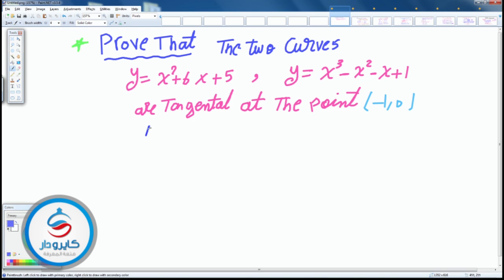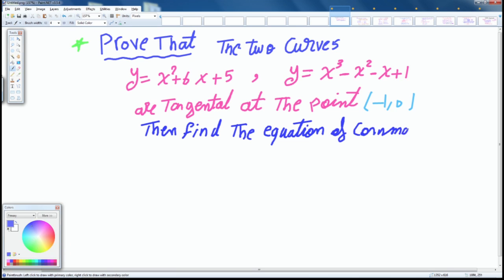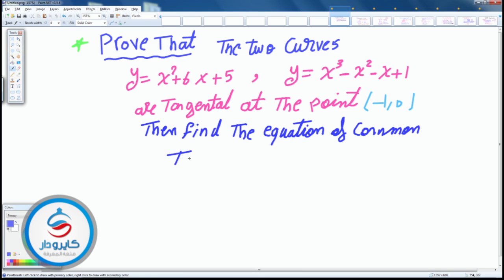Then find the equation of the common tangent. And this is a very important problem.